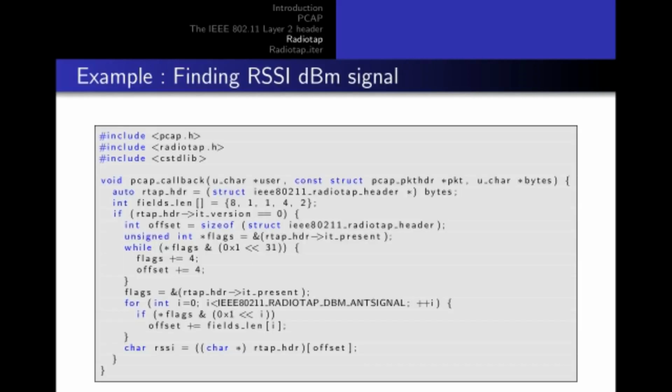So for instance, here we want to find the RSSI dBm signal. Everything takes place in our pcap callback. We include radiotap.h, pcap.h, and cstdlib for some information. So you convert your bytes into a Radiotap header structure.